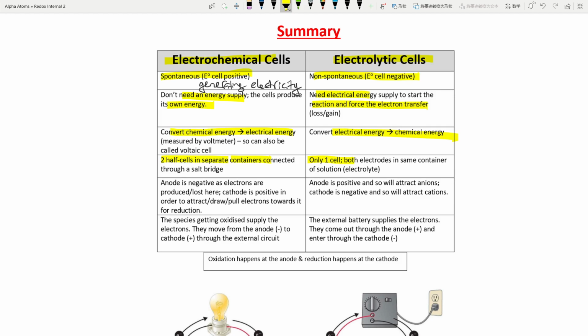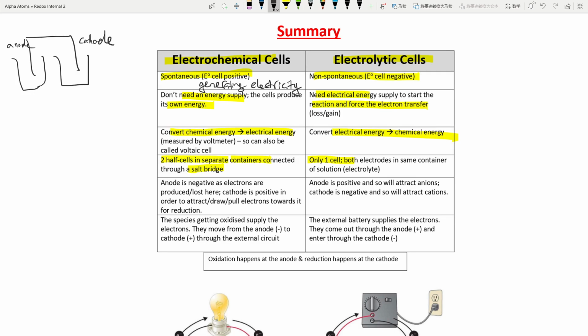Now I do want to talk about the salt bridge really quickly. I don't think I talked about it in my electrochemical cell video, so I'm just going to label it like this. For example, this is my anode, this is my cathode.